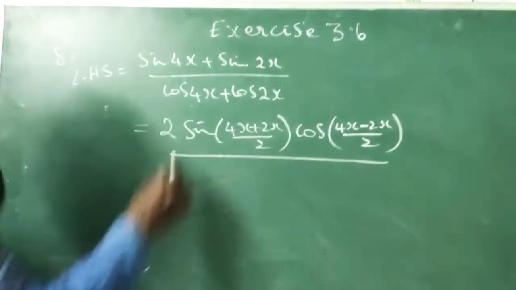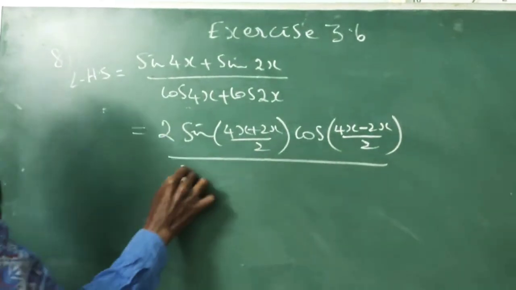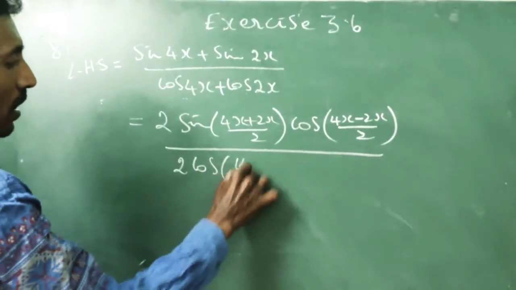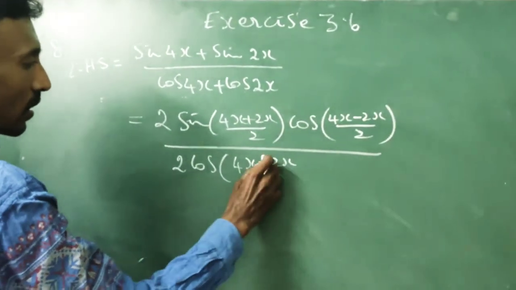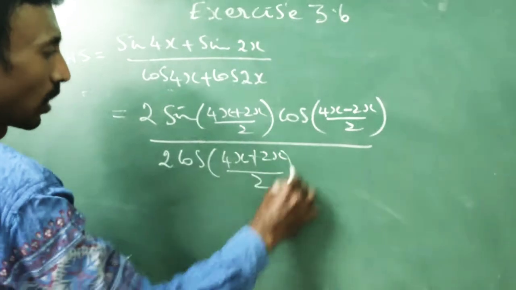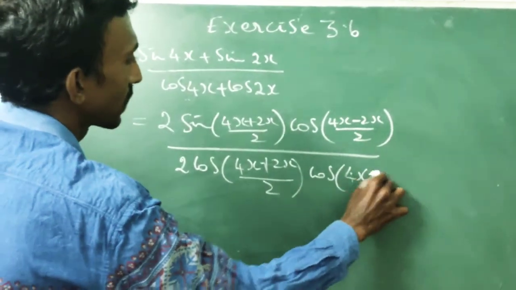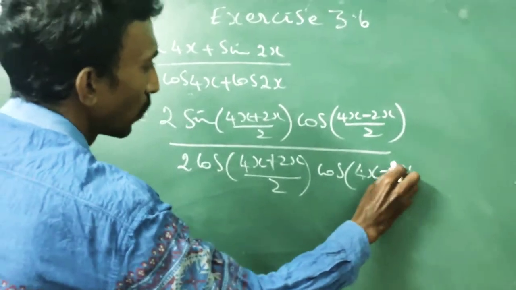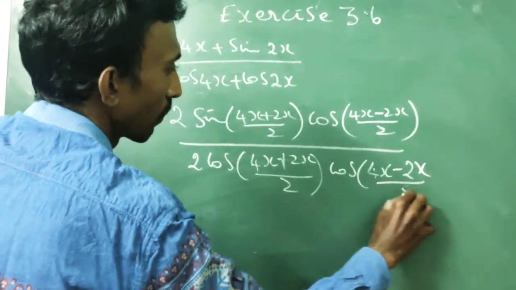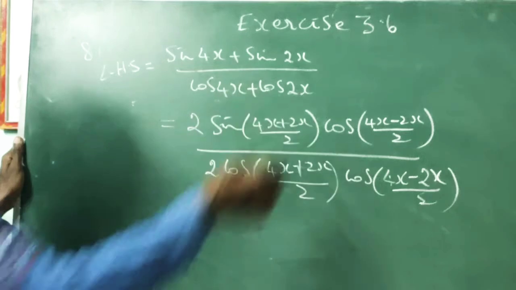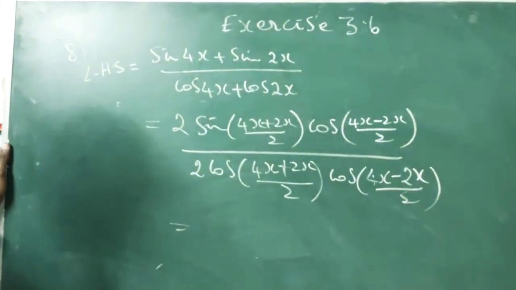Look at the denominator, cos C plus cos D. It is 2 cos((C plus D)/2) into cos((C minus D)/2). So we are using the sum to product identity.